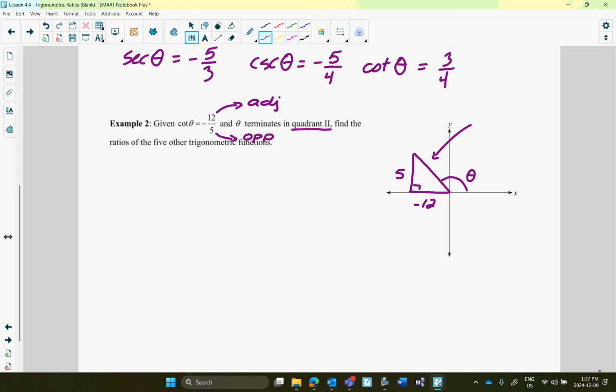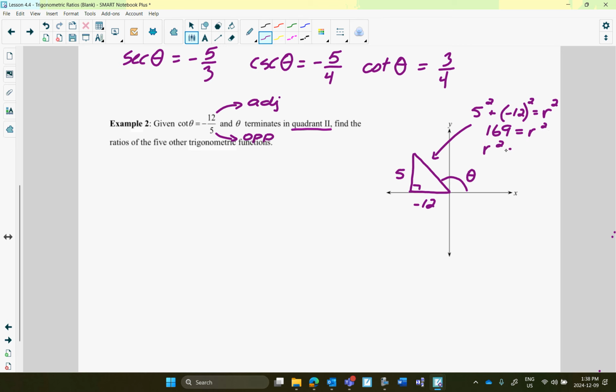So I'm going to have to do 5 squared plus, and always put negatives in parentheses, because when you square negatives, they're always going to become positive. And remember, I want to use R. If you call it C, it's still fine. So 5 squared is 25. This is 144. So 169 is equal to R squared.